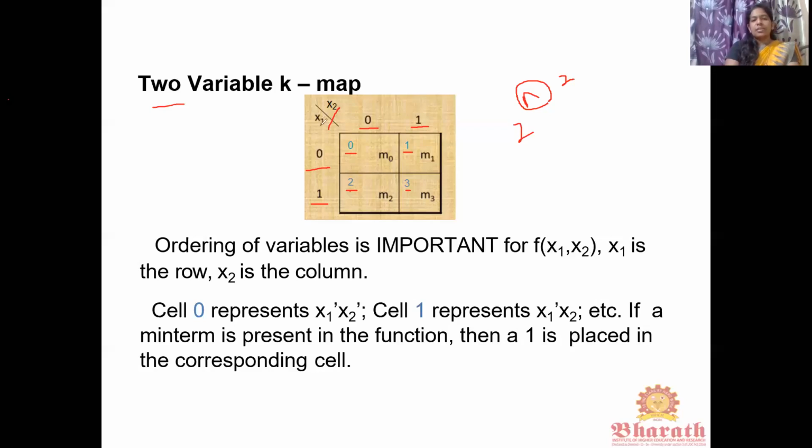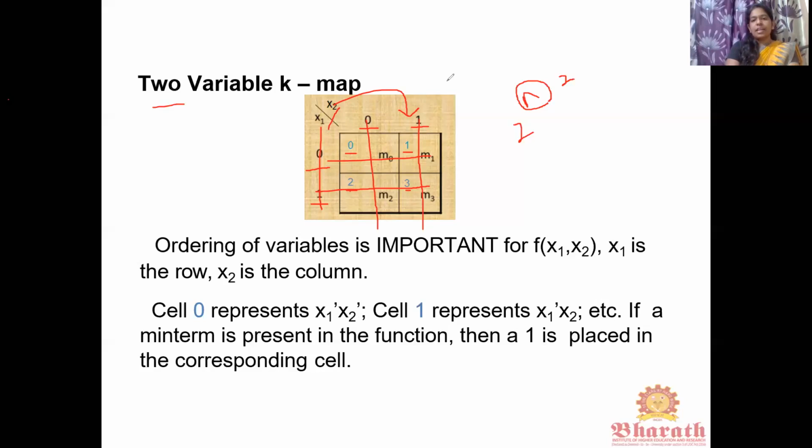So x1 represents this, which is nothing but the row. x2 is the column. x2 represents this, for the column. Cell 0 represents x1 complement, x2 complement. As I already told, this is a min term. So in a min term, 0 means complement.